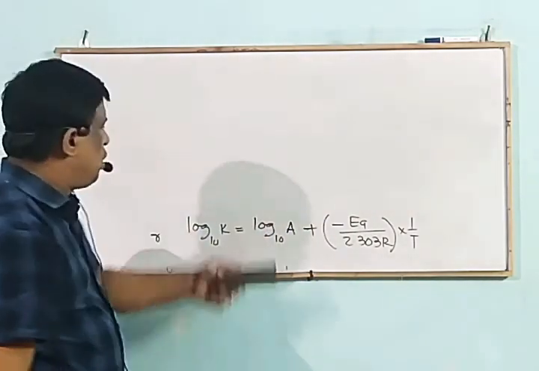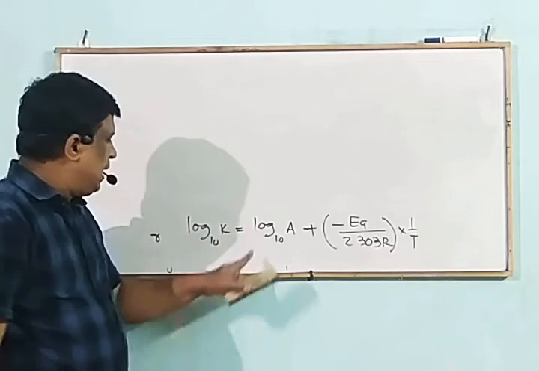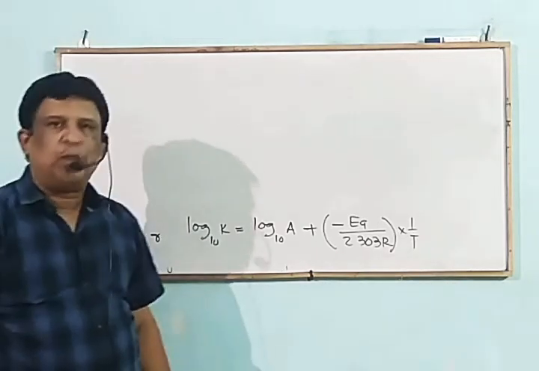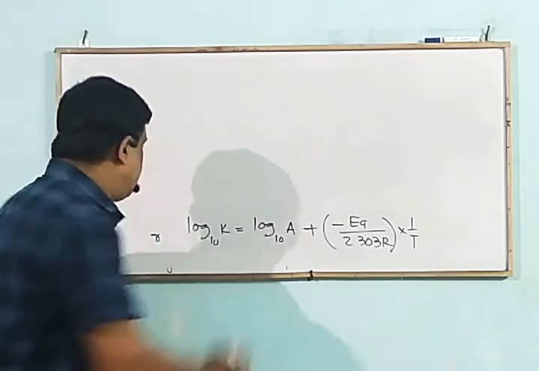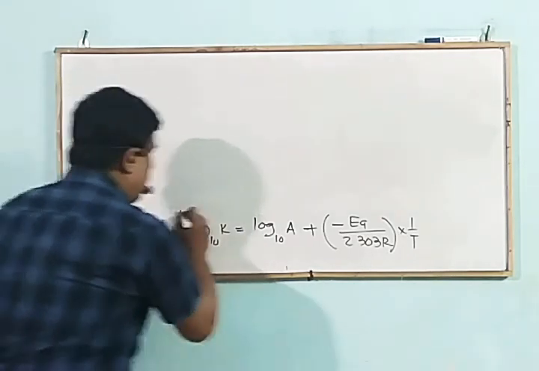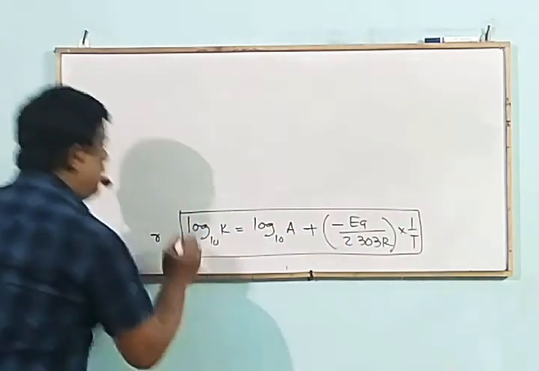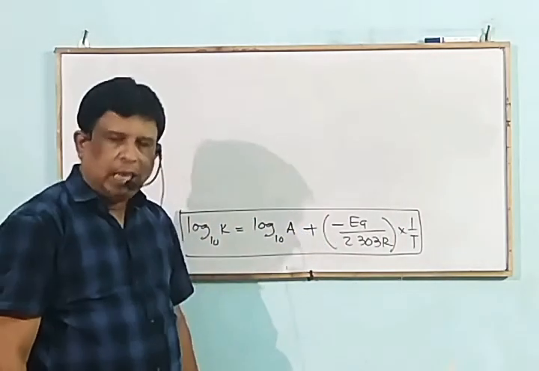It is an equation of a straight line in the form of y is equal to mx plus c, that is slope intercept form. It is also a required expression for the Arrhenius equation in logarithm form.